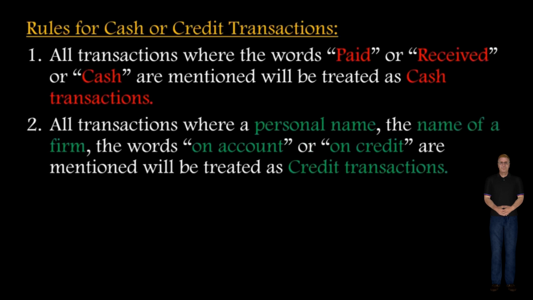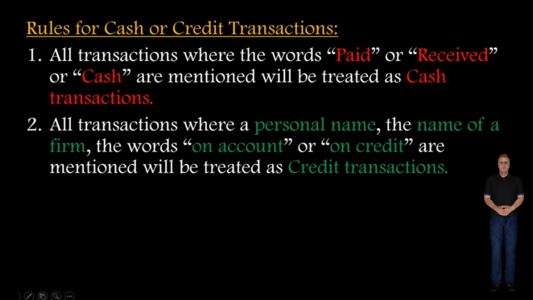The second rule is that all transactions where a personal name is mentioned, or the name of a company, the name of a firm, or if you see the wordings on account of, on credit, right? So it says credit. Those kinds of transactions are going to be called credit transactions.